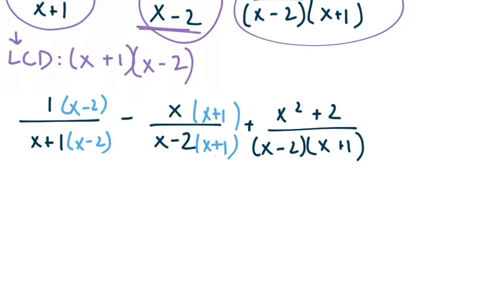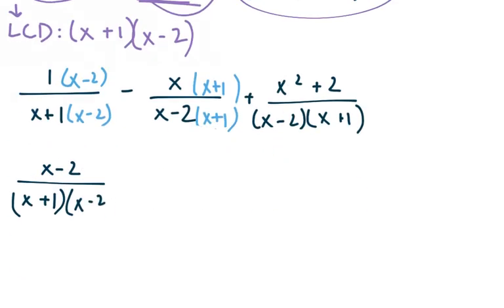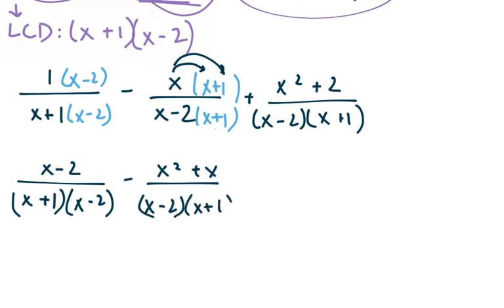So if I multiply this through, 1 times x minus 2 is just x minus 2. So x minus 2 over x plus 1 times x minus 2. And then x times x plus 1 gives us x squared plus x all over x minus 2 times x plus 1. And then we've still got that x squared plus 2 over x minus 2 times x plus 1.